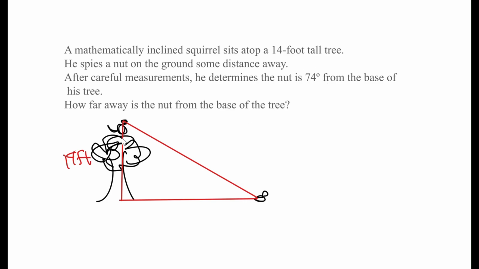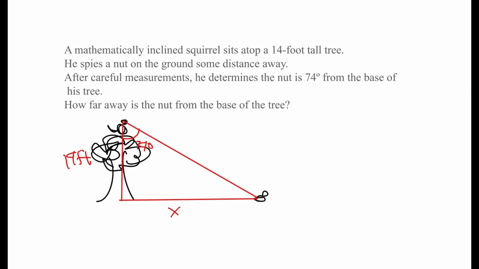And then the angle from the squirrel is 74 degrees from the base of his tree. So how far away is the nut from the base of the tree? We're looking for the distance, but we can't find that yet since we're missing one side.